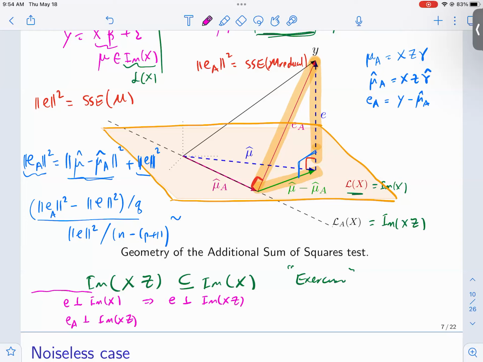So from this, I get that E is orthogonal to mu hat A. Why is that? Because mu hat A is in the image of XZ. I also know that E is orthogonal to the image of X, so I get that E is orthogonal to mu hat. Why is that?